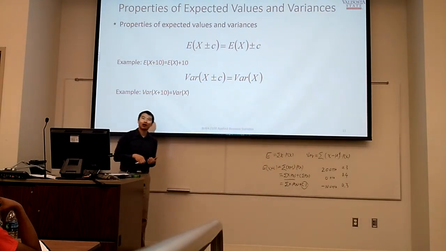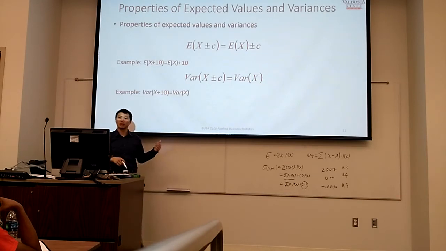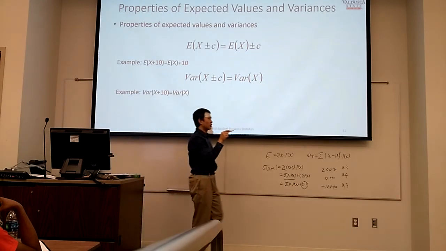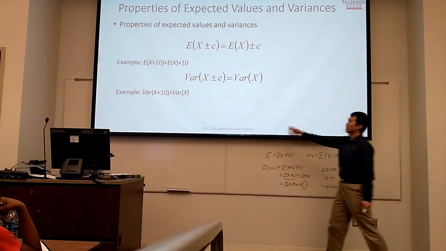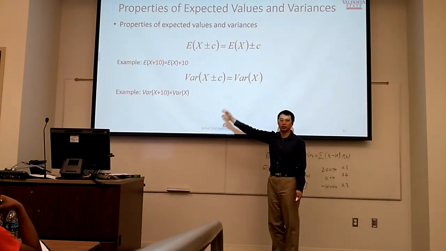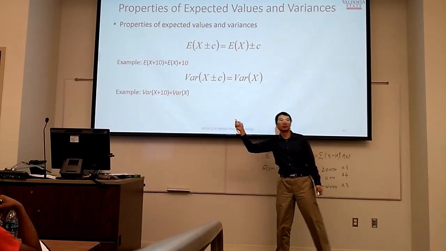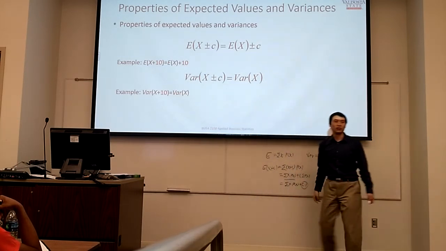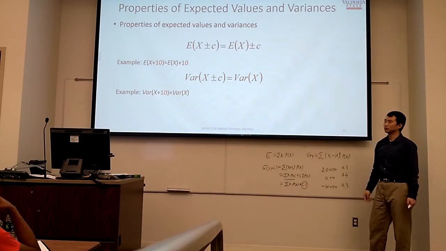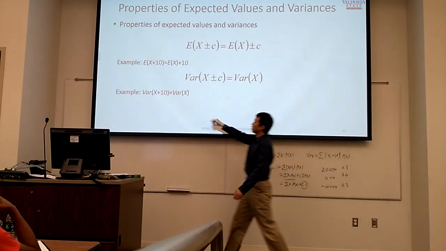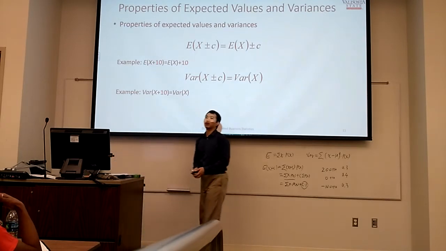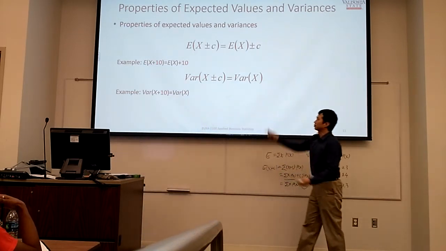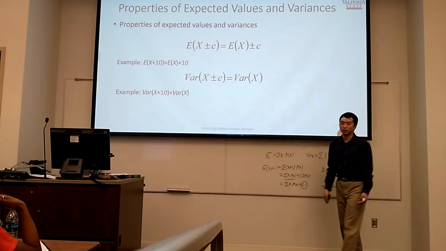And the next property is for the variance. Okay? Still, we are interested in the random variable plus or minus a constant. And it's still equal to the variance of the random variable. If we plus or minus any constant, it doesn't change the variance of this expression.